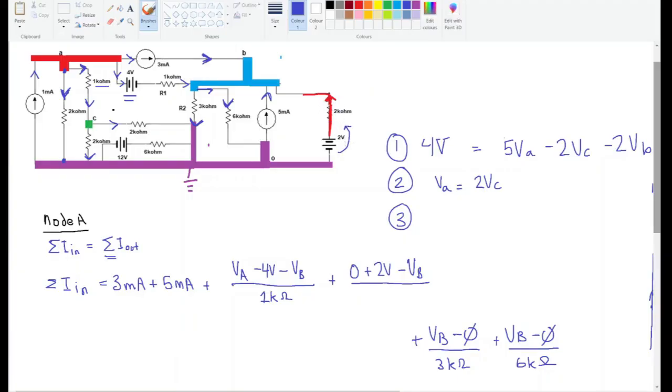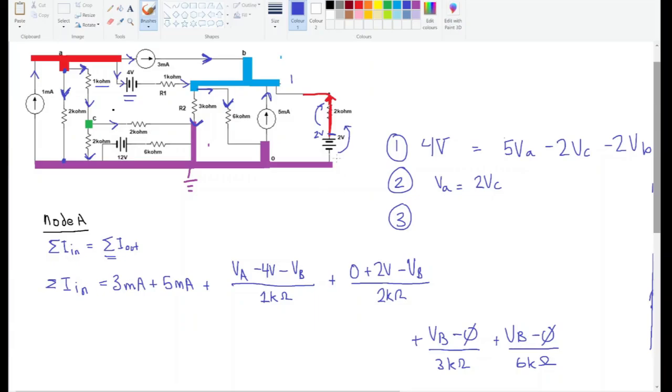So what I'm saying is that the voltage drop over this resistor is equal to 0 pumped up to 2, so there's 2 volts here. Then we subtract whatever VB is. Let's say, for example, VB was 1. Well, that means that 2 volts minus 1 is equal to 1 volt, and that's 1 volt that dropped across this resistor. So this formula here captures that idea without knowing what VB is. Then we divide it by the resistance of the resistor. So it's 2 kilo ohms, and that gives us the current moving through there.